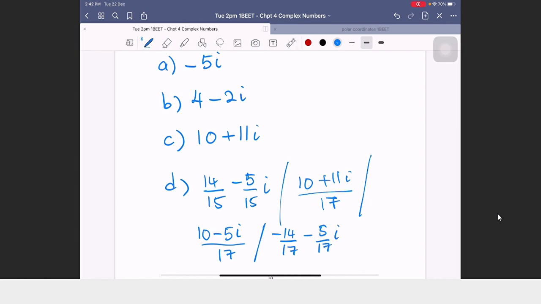Any more? Okay, all right. So which one is the right answer? This is actually the right answer: 14 over 17, minus 5 over 17i.